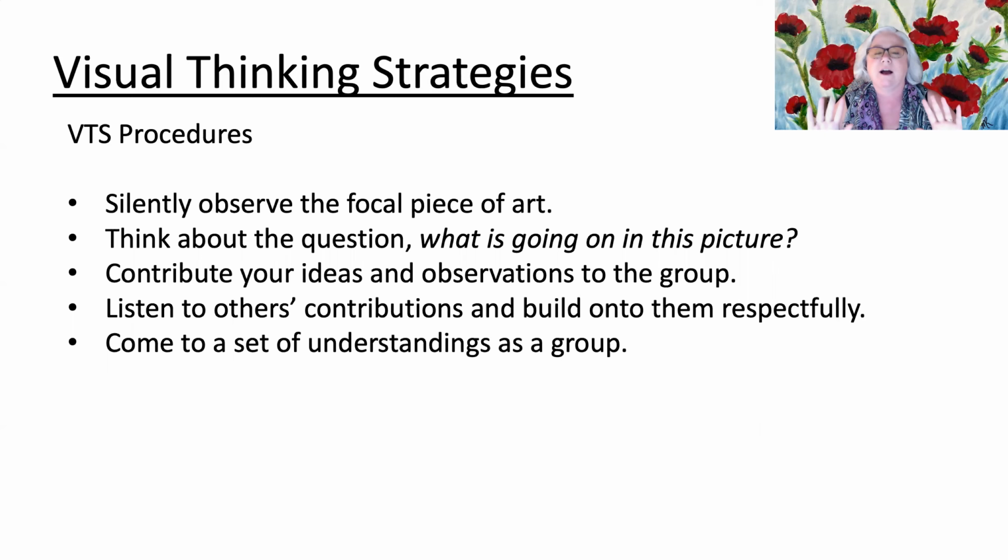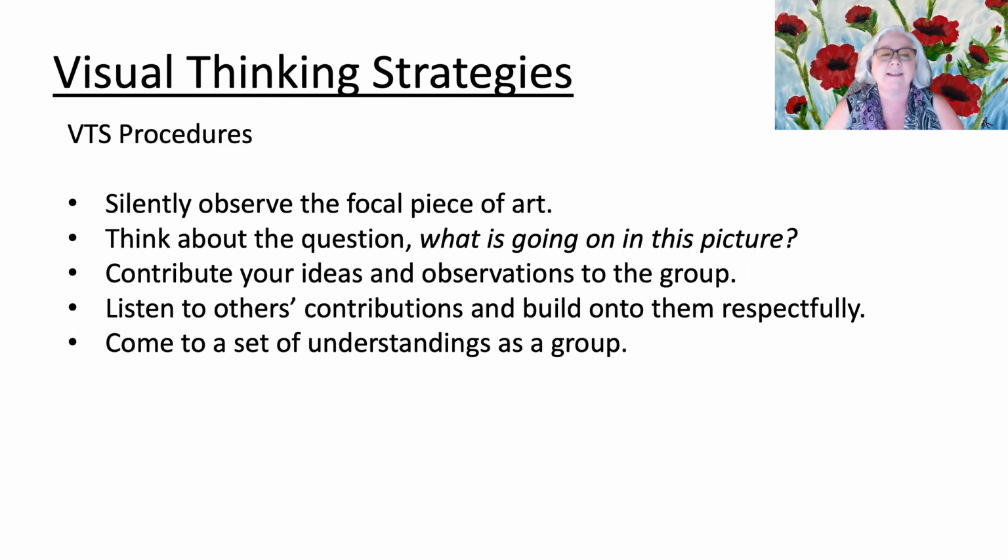If you're going to use visual thinking strategies, I suggest beginning with pieces of art first, because art leaves space for all of that thinking in ways that other things sometimes don't. But I am going to talk in a minute about transferring this kind of thinking and talking from art to other content areas. So here are the key steps.